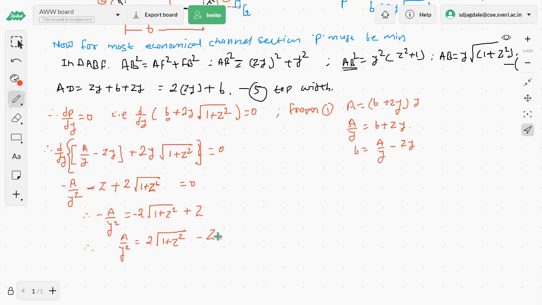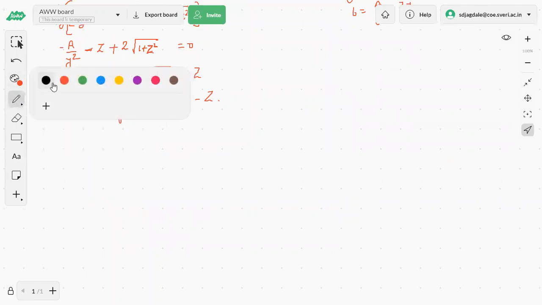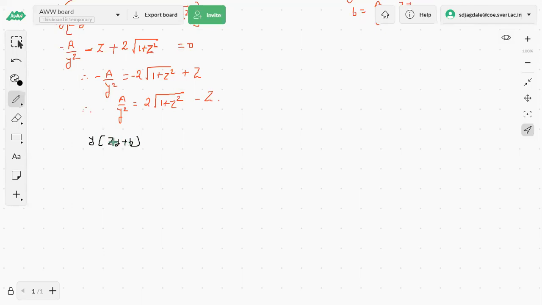Is it correct? Yes, sir. Now put up the value of area A. What was the formula for area A? It is y into zy plus b. This is the area A divided by y square is equals to 2 times root of 1 plus z square minus z.